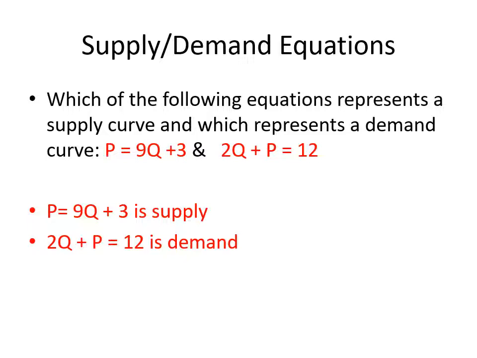So the first function that is listed, P equals 9Q plus 3, that's the inverse supply curve. If we solve for Q, that's the standard supply curve or demand curve as it goes. So you can change the demand curve to P equals 12 minus 2Q, and you have the inverse demand curve as well. And you can see that relationship between price going up and quantity going down a little bit easier.